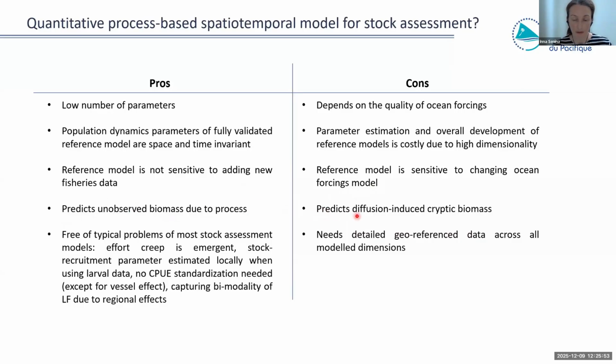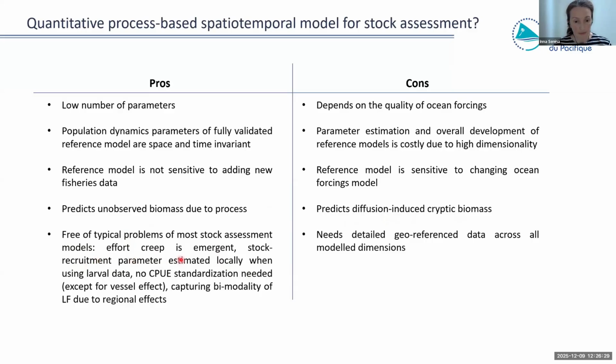However, the same model has the diffusion-induced cryptic biomass, and this is a bad thing because it is linked to the high advection rates and the low grid resolution. And 2 degree, 1 degree is the low resolution. Another pro is that we are free of some problems that are quite nasty, like the effort creep, and here it's emergent due to the link to environmental variability.